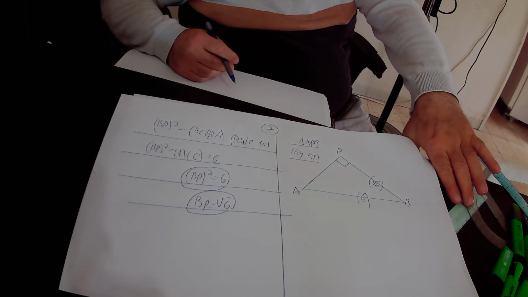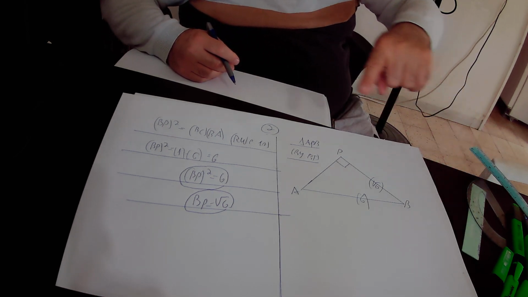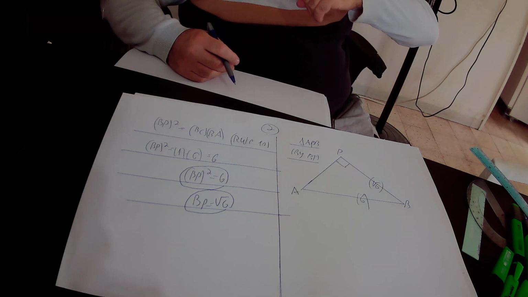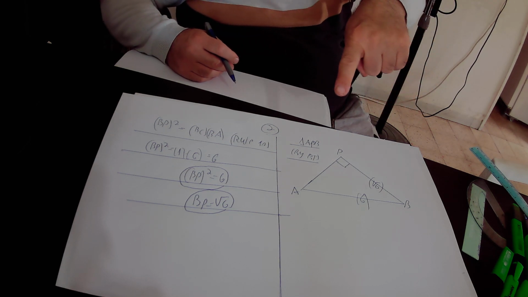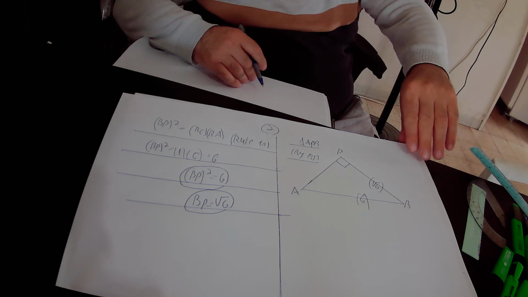According to the Pythagoras theorem, in this right triangle APB, AB squared, that is the square of the hypotenuse, equals AP squared plus PB squared.